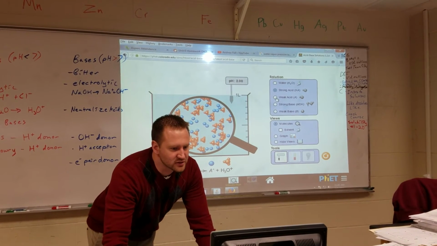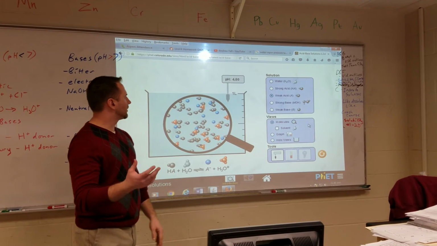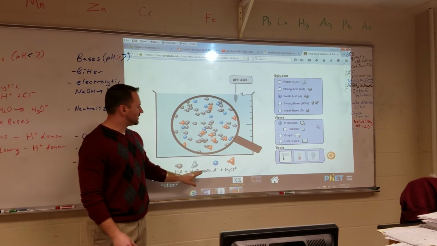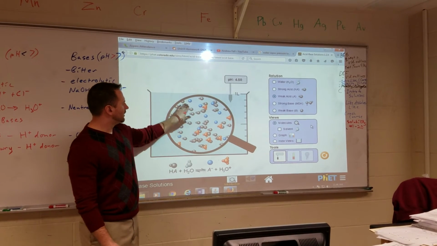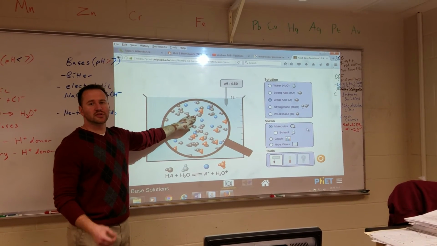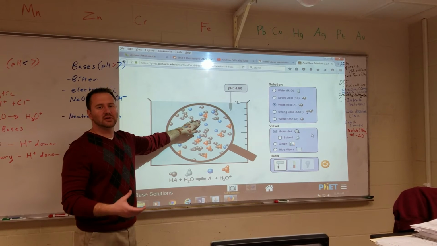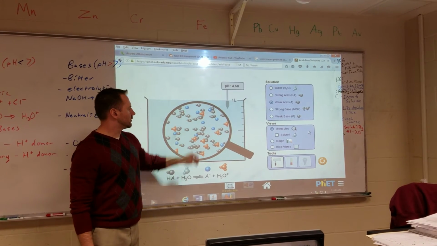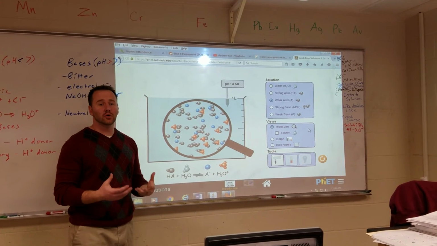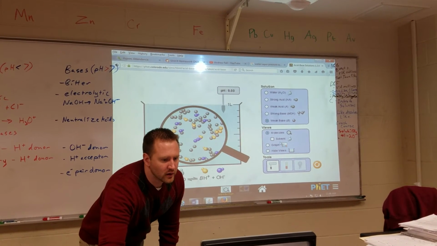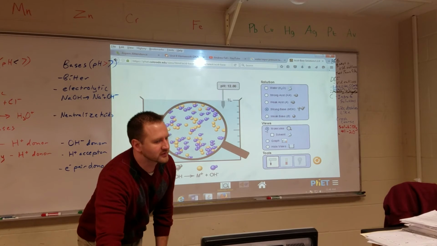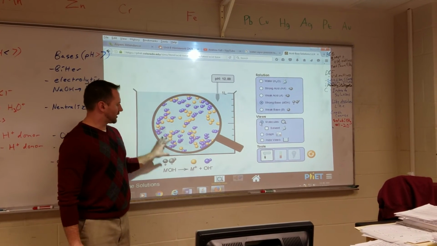At the same concentration, a weak acid would produce a much higher pH because only a small portion of the acid molecules would dissociate. All of the gray here represent the acid molecules that haven't dissociated, and only the colored ones are the ones that dissociated. So you see it's a low concentration of those. Similarly with bases, a strong base is going to break apart entirely.